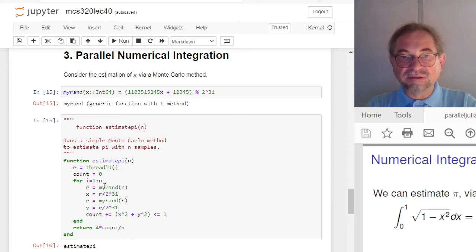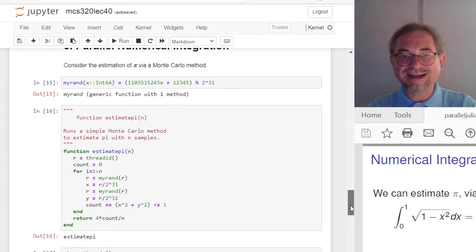Then we run this loop and we generate two numbers, so they are numbers in 0, 1. There are 36, so we do the modulo with 31. We divide, so these essentially become floating point numbers.